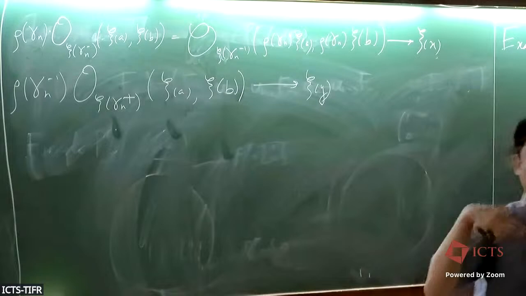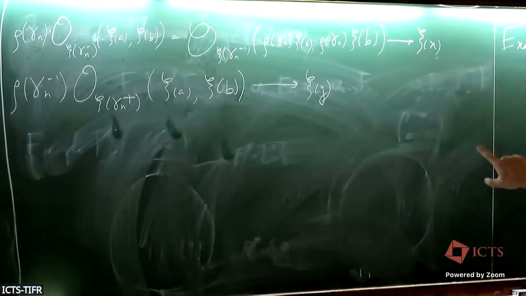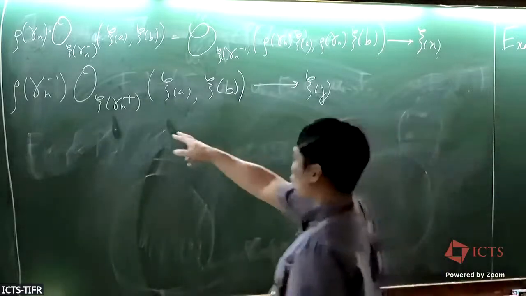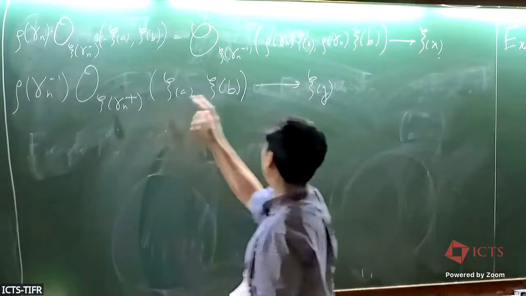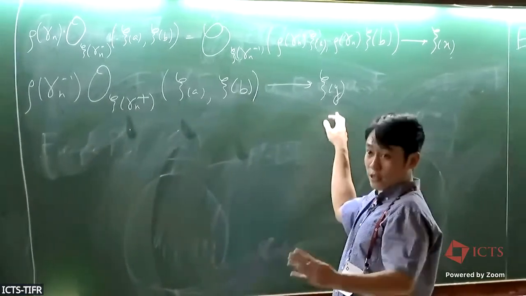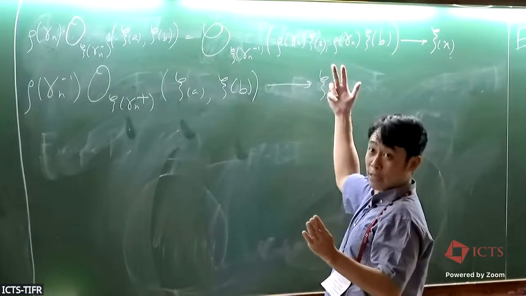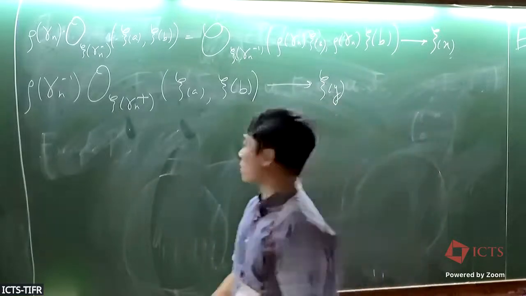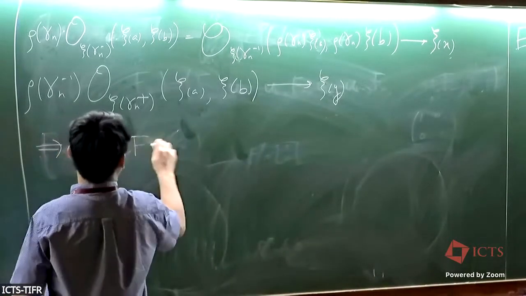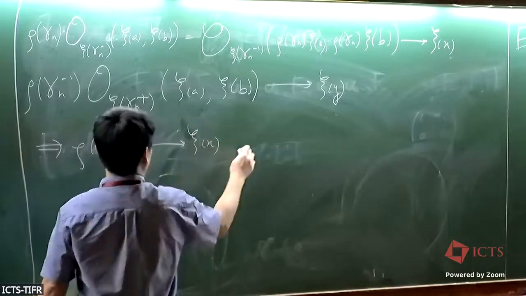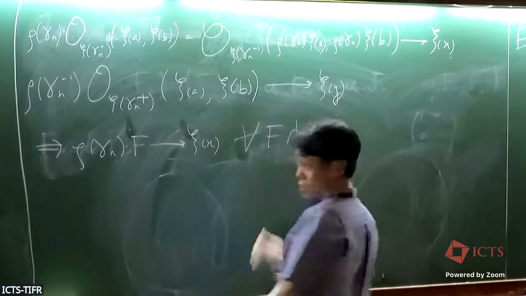And then by the lemma from last time, as long as you can find open sets such that rho gamma_n applied to the open sets goes to C(X), and rho gamma_n inverse applied to the open sets goes to C(Y), this tells you that if you take any F that's transverse to C(Y) and apply rho gamma_n to it, you get sucked to C(X). So rho gamma_n F goes to C(X) for F transverse to C(Y). This was the lemma that we discussed last time.